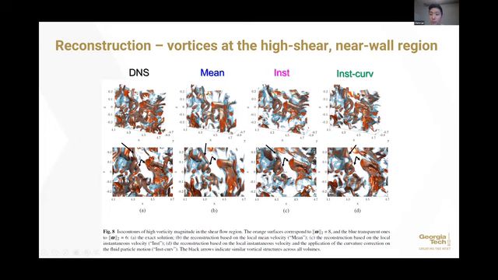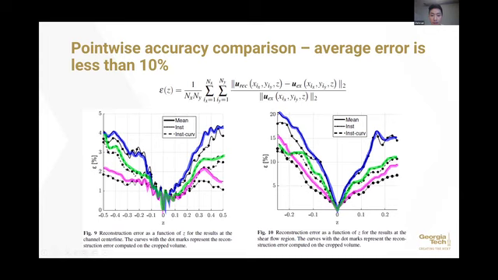This is not the case when you use the instantaneous velocity. This is a point-wise comparison. The reconstructed volume we can have is on par with actual tomographic PIV, and compared to the DNS data, we achieve error better than 10%.